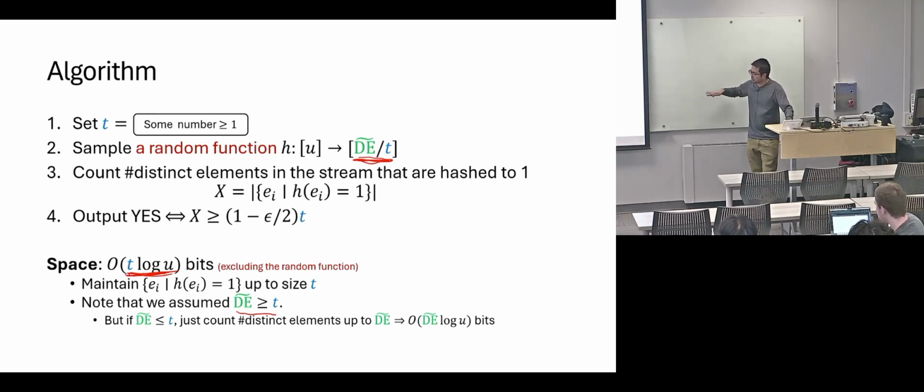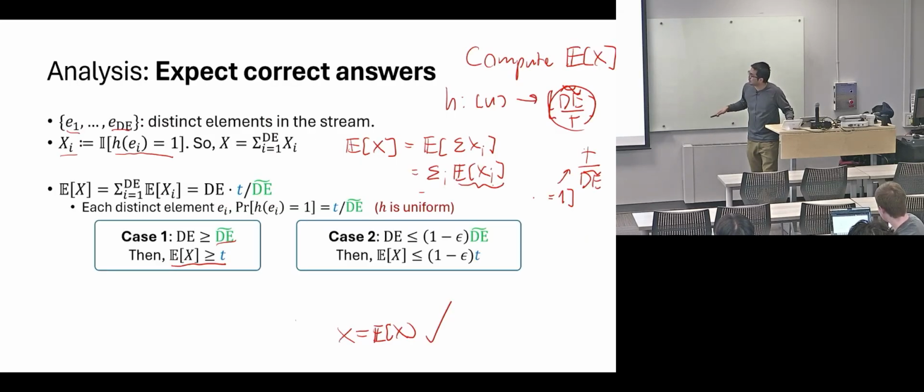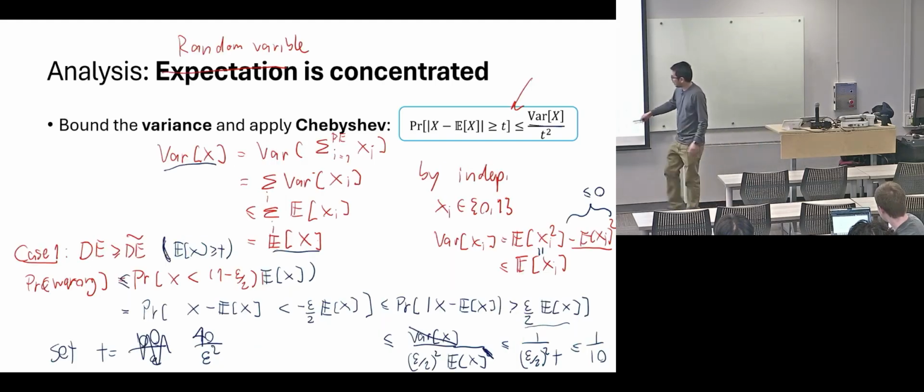So we want t to be small, but we now see that if t is too small, then the correct probability is not great. We need to set t to be big enough so that the failure probability is small. Okay, so this is the case. Everything is good so far.